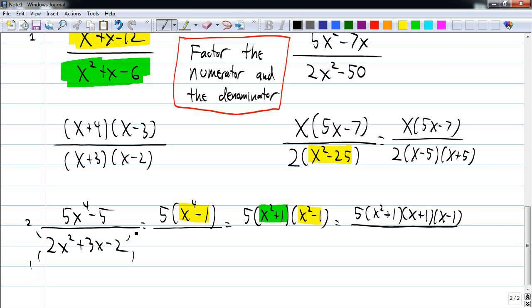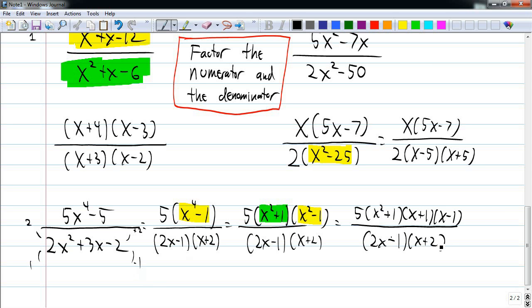And then I think -2 and 1. Wait, no. Positive 2 and -1. There we go. Because 2 times 2 is positive 4. Minus 1 is going to give me 3. Going diagonally, my 2 factors are 2x minus 1 and x plus 2.